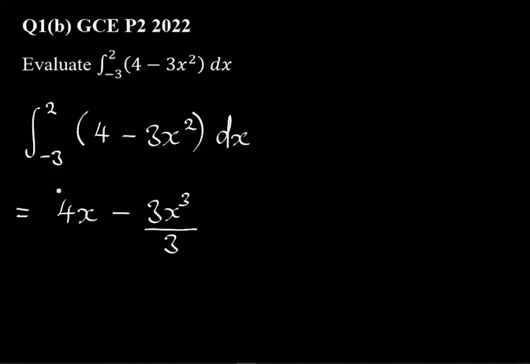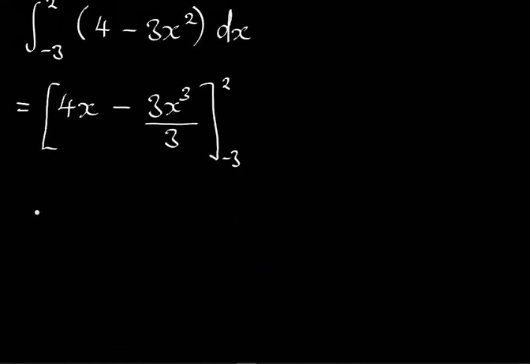I'm sure you know how to do that by now. We indicate our limits here, and then we insert our limits into the function. We start with our top there, so the 2 goes there.